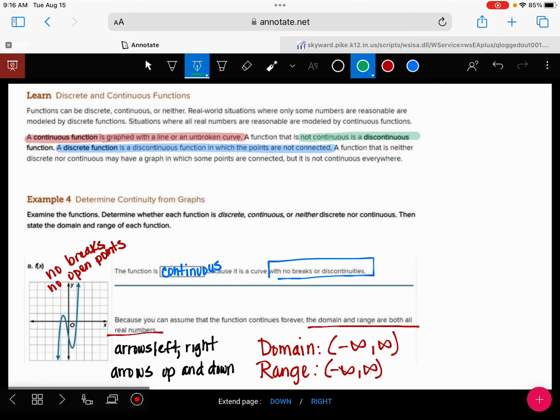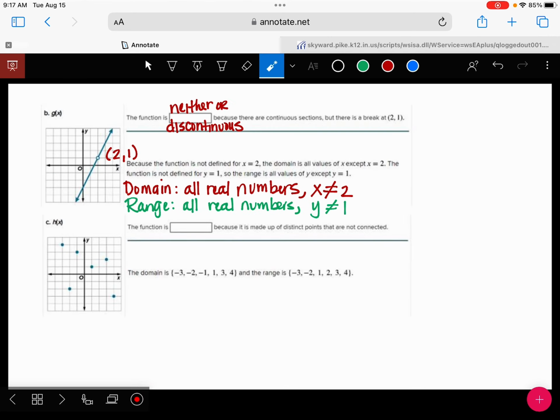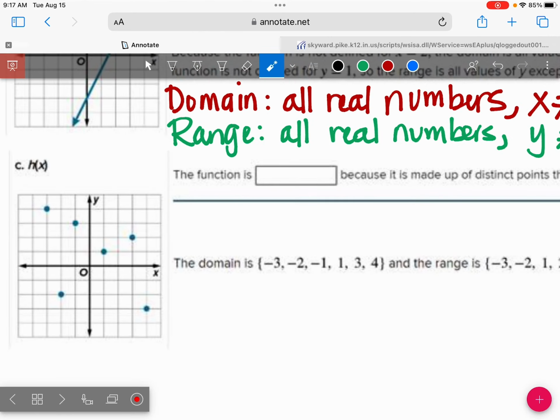And then the last thing we talked about, if we look at our definitions, what I have highlighted in blue, and I'm going to go back to that slide. It says a discrete function is when you have points that are not connected. That's what a discrete function is. So this one, example C, do you see how I have points that are not connected? That is called a discrete function.